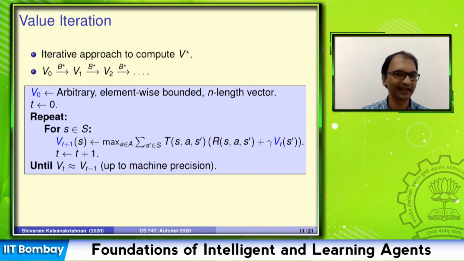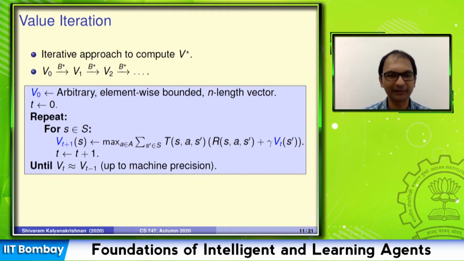Or you might just set some small epsilon, maybe 10 power minus 10 or something like that, and say that if each element of Vt is within 10 power minus 10 of the corresponding element of Vt minus 1, I'm good to stop. In theory, this is an approximation. In practice, this is okay, because that's all the representation power you have on your machine.